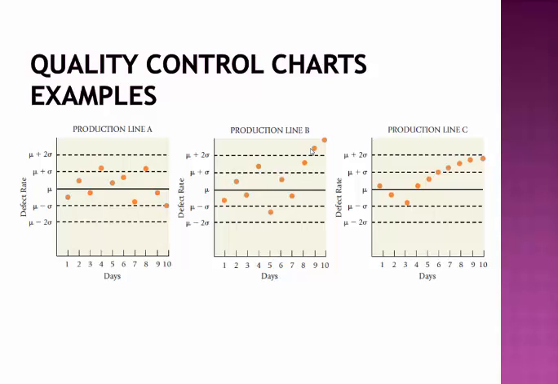Production line C illustrates a process that would not prompt an investigation under the rule, but we may be headed out of control. All right, so we can see that there's a pattern there. Why could this particular company have an issue?